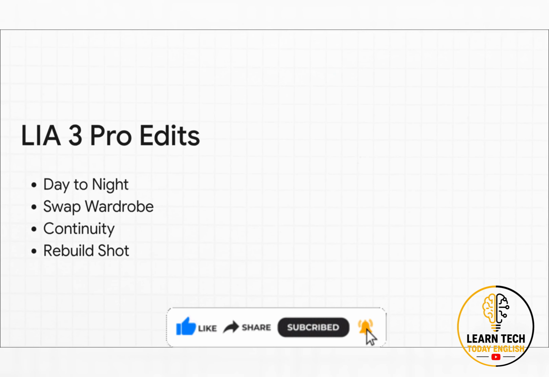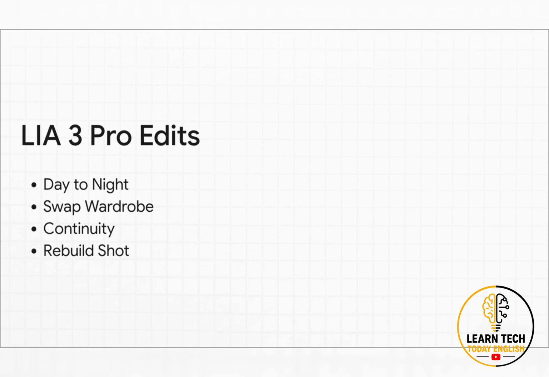Just look at the specific capabilities LIA 3 Pro brings to your footage. You can execute a time of day alteration. That means literally turning a brightly lit daytime shot into a moody night scene with just a simple text prompt. You can pull off seamless wardrobe swapping right in post-production. But here is the major standout feature.